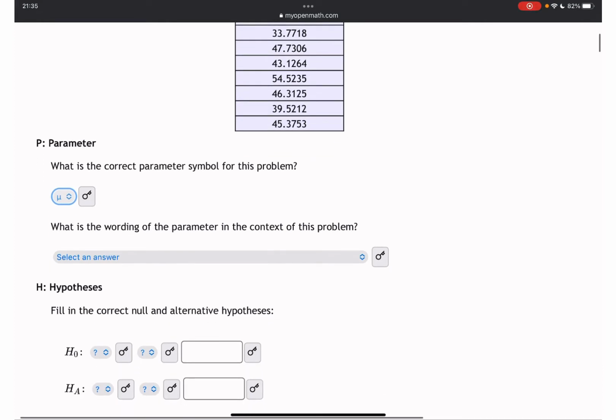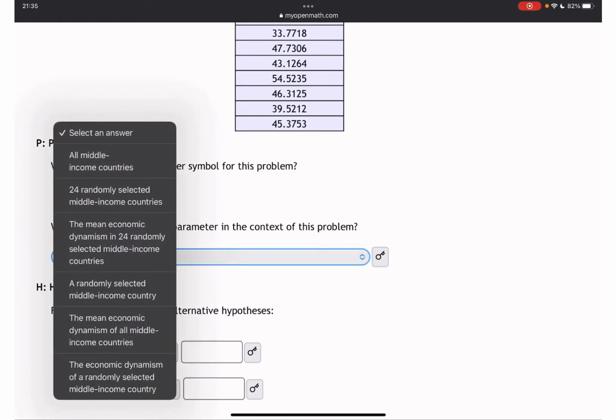What is the wording of the parameter in the context of this problem? Let me see what is given. In our case, it's going to be the mean economic dynamism of all middle income countries. If they said 24 randomly selected, that would not be for the population. Mu is for the population, not for the sample.